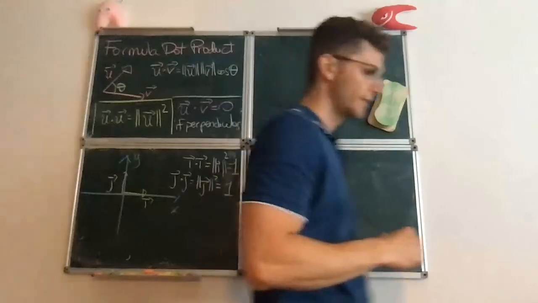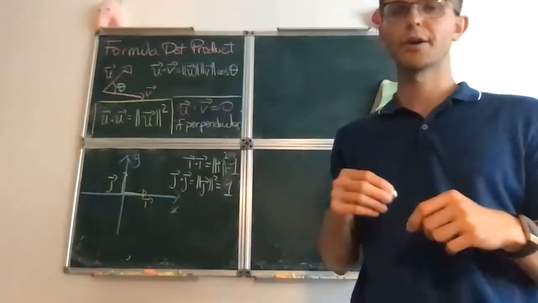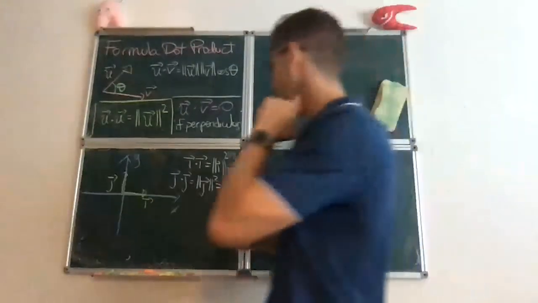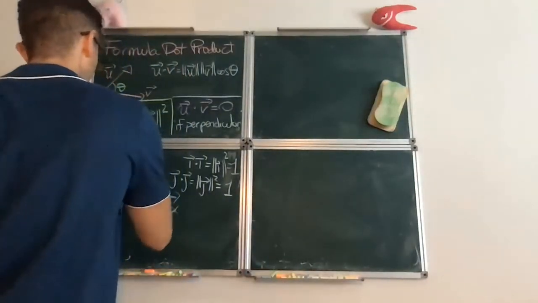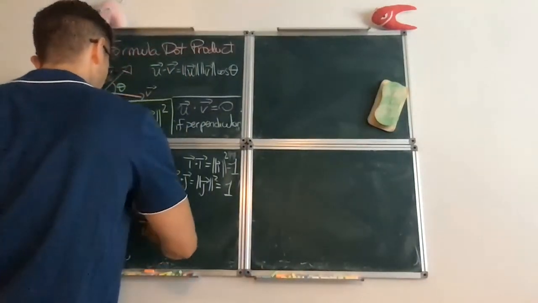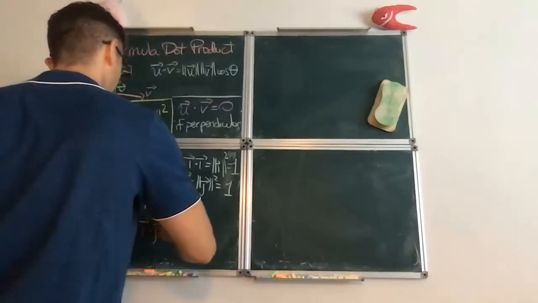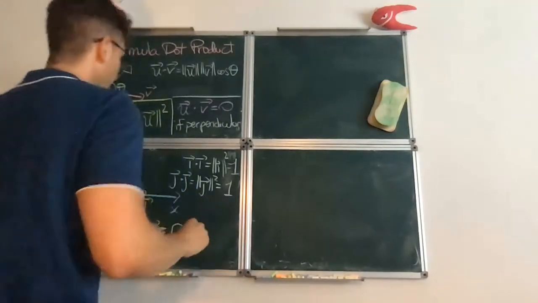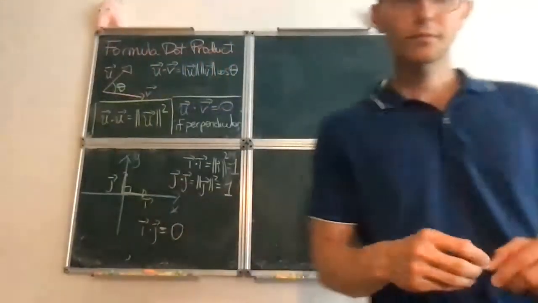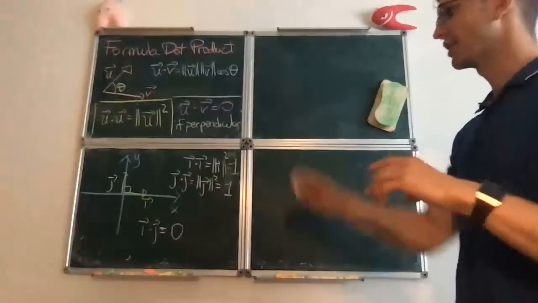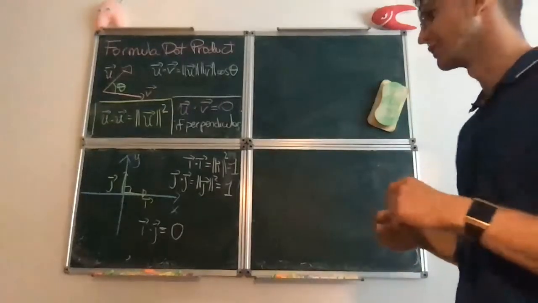And finally, the dot product of i and j, that's important to know. Well, the angle between them is pi over 2, so the dot product is 0 because they're perpendicular, right? So that's why all those properties were useful.